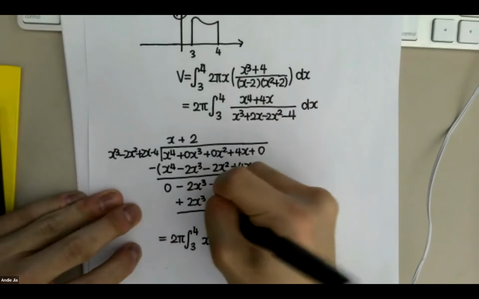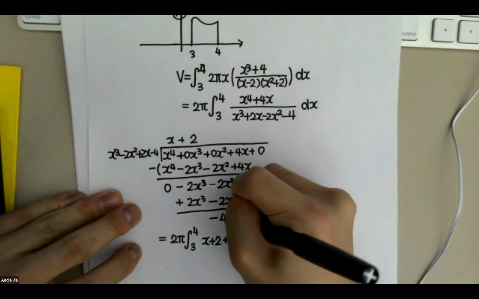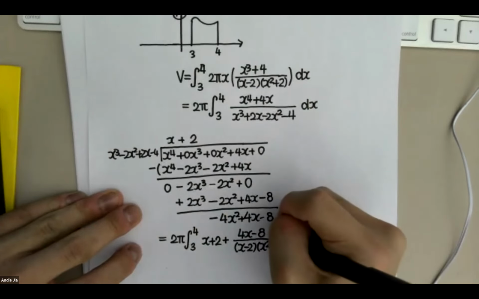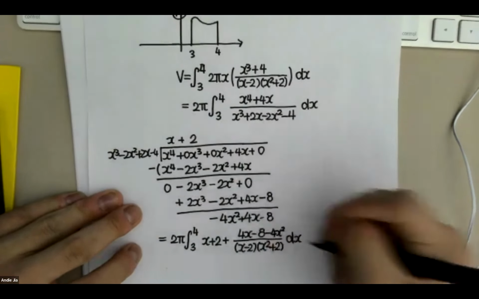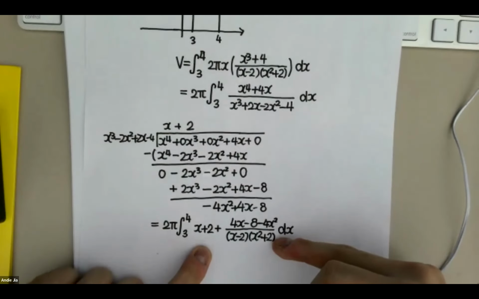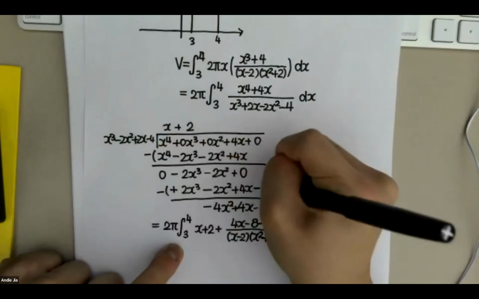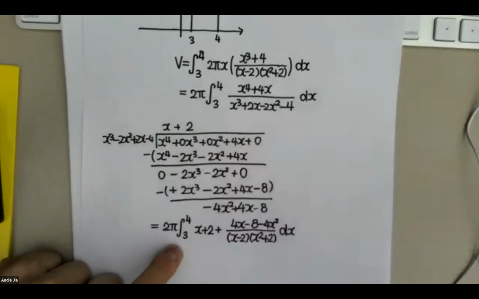We get this a minus 4x squared, then plus 4x, just minus 4x squared. Is this correct for you? Oh yeah, 4x. Thank you for catching that.